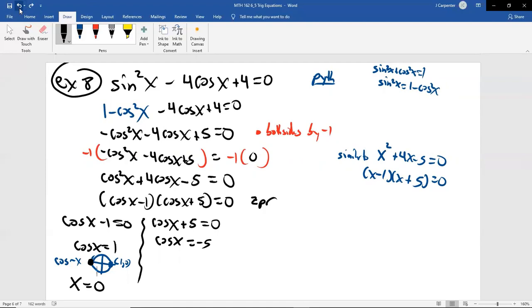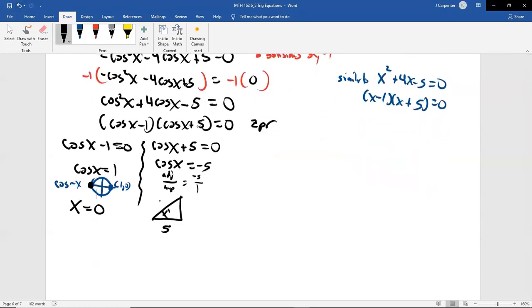Well, cosine of x, we can say that's adjacent over hypotenuse. So that means the adjacent is -5/1. So we need to draw a right triangle where the reference angle has an adjacent of 5 and a hypotenuse of 1. And then we go, well, what is this side? If you did this, it would end up being the square root of 1 squared minus 5 squared, which is the square root of negative 24, which is not possible.